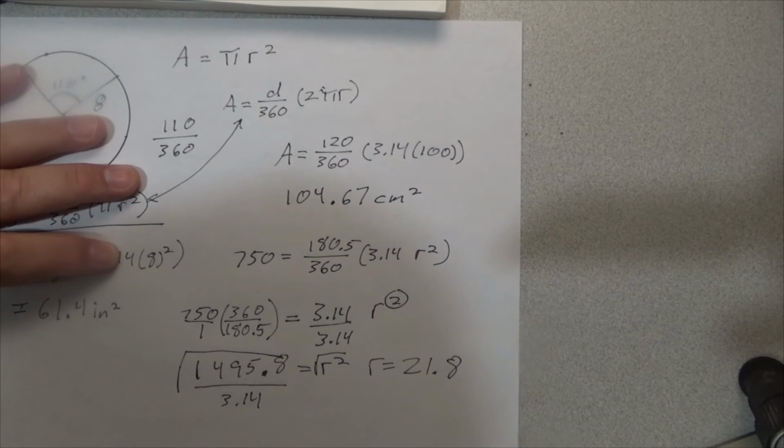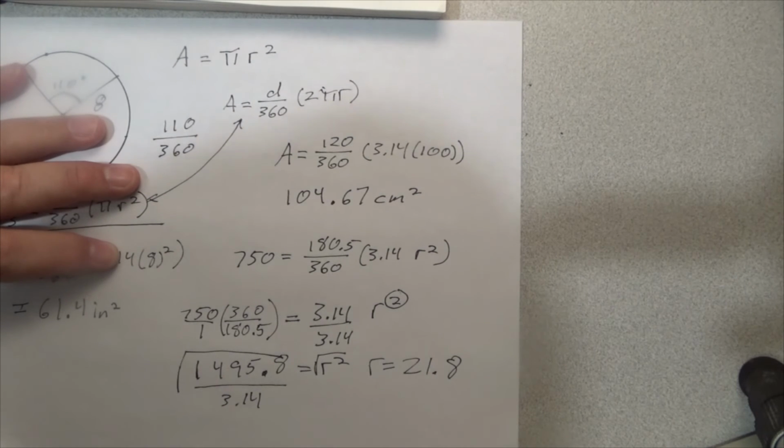And there are different ones. There are ones where you have to solve for the angle. So let's take a look at one of those where we have to solve for the angle. I ran out of room on that page, so I got to get a whole new sheet of paper for one little thing.